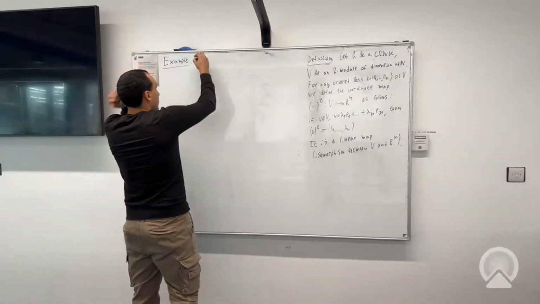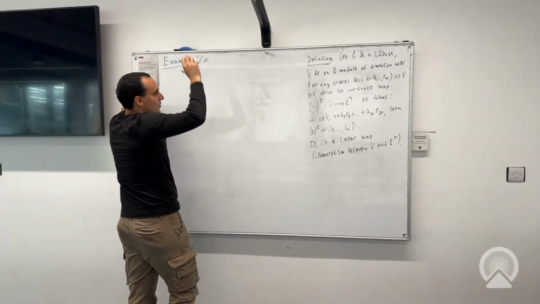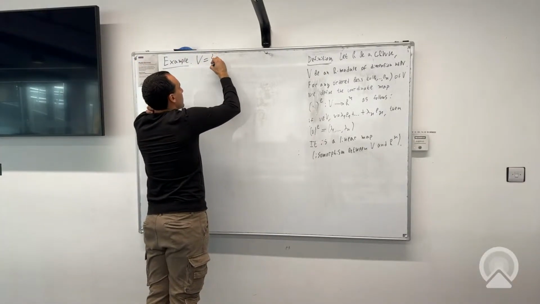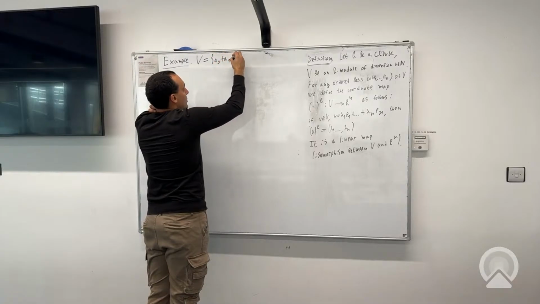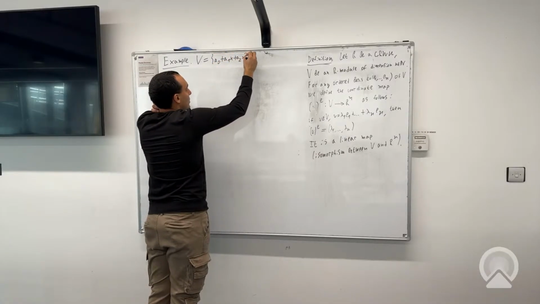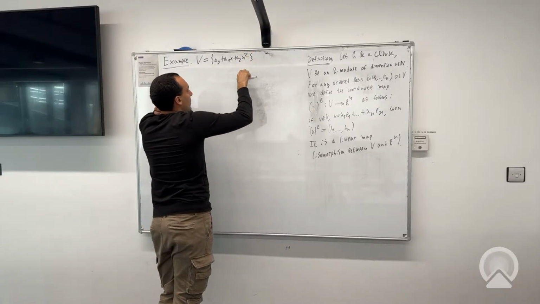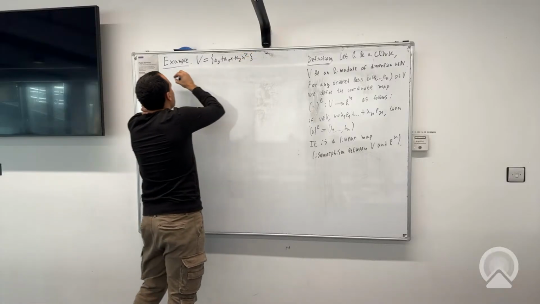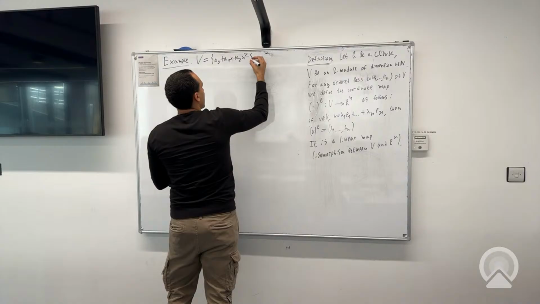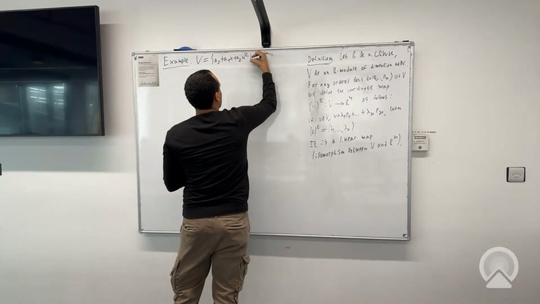So V is a set of, again, squared polynomials, a0 plus a1 x plus a2 x squared, where these are real numbers.